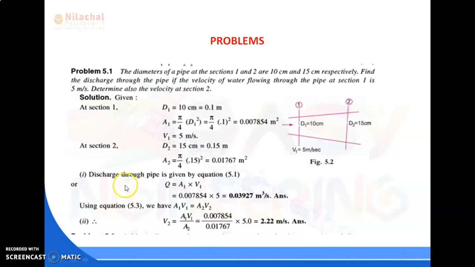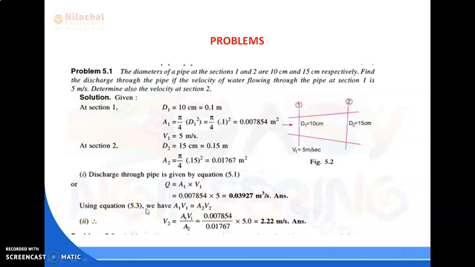We know the discharge through the pipe is given by A1 V1. We can also calculate it by applying A2 V2, but here V2 is unknown, so we only apply the discharge formula A1 V1. After multiplication, the answer is 0.03927 meter cube per second.